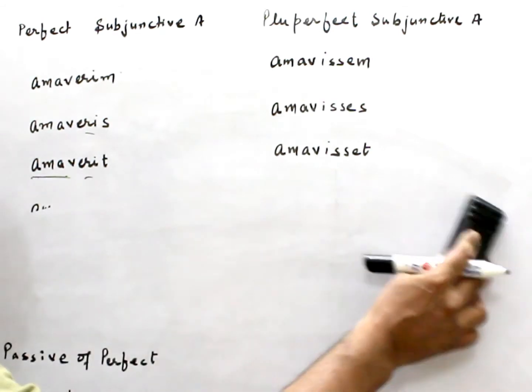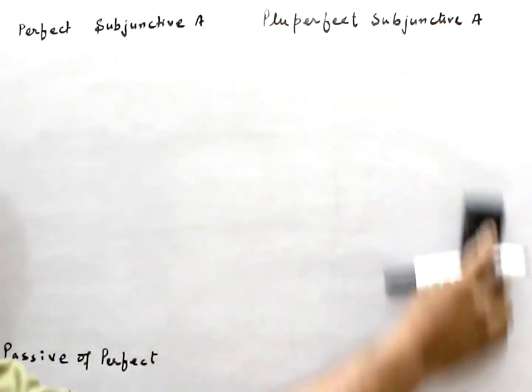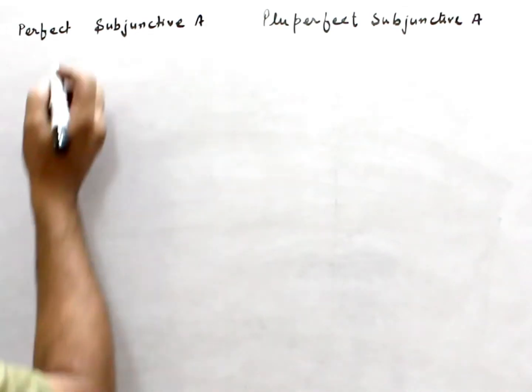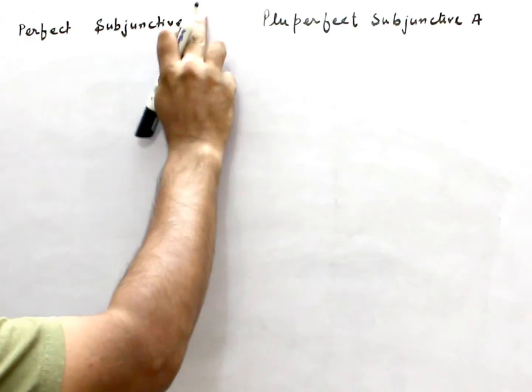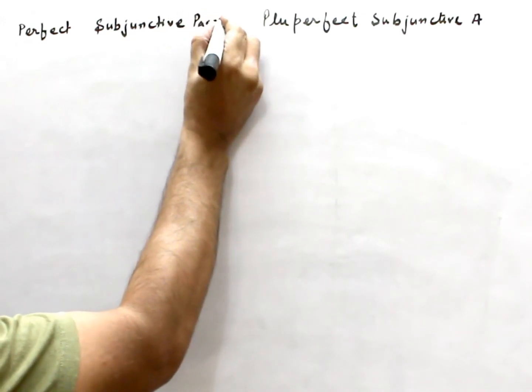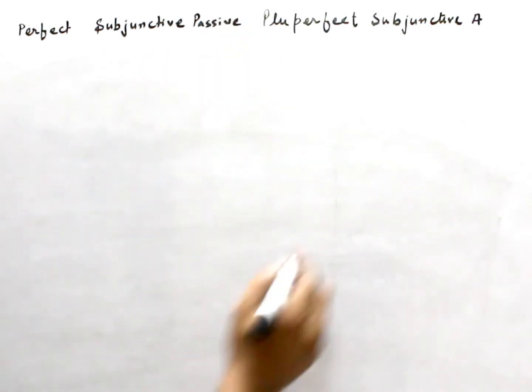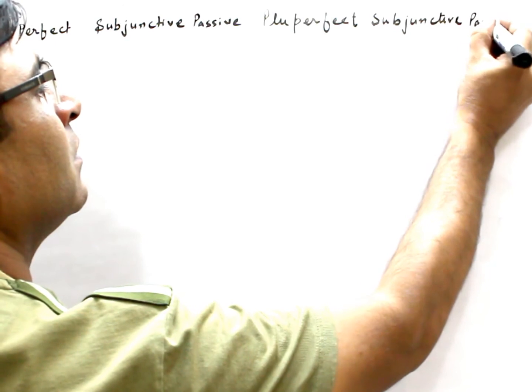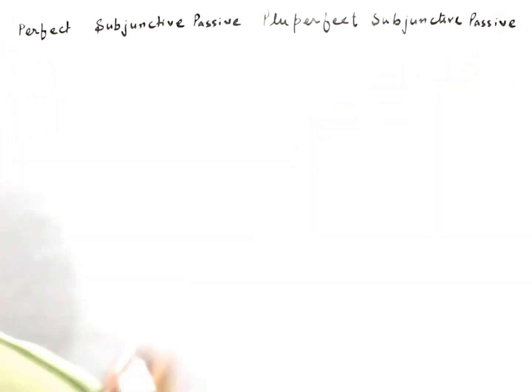So in detail, how can we write it? If I write, this is active and this I say passive, and this is also, I say, passive.